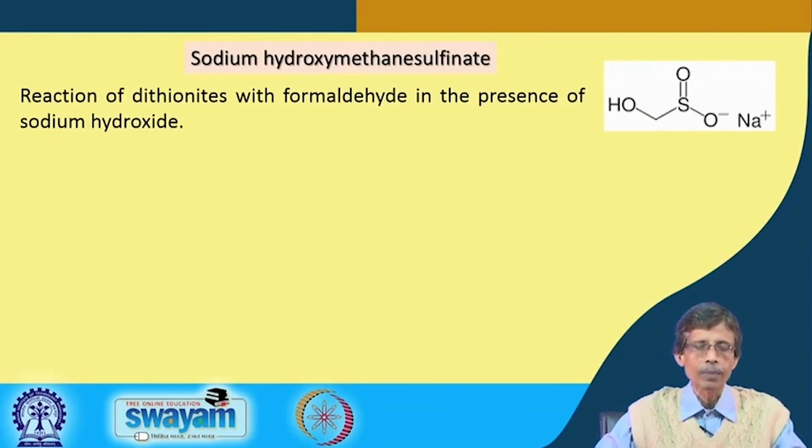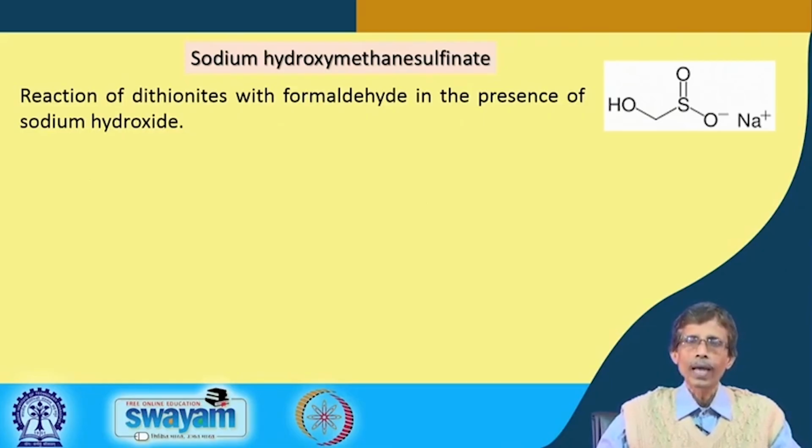So, dithionite gives you this particular reaction in a very simple way. You should know only what reagents you will be using for the production of this molecule. We take formaldehyde, CH2O, that is HCHO, the single-carbon aldehyde, the simplest possible organic molecule in the aldehyde family, like methanol or water.